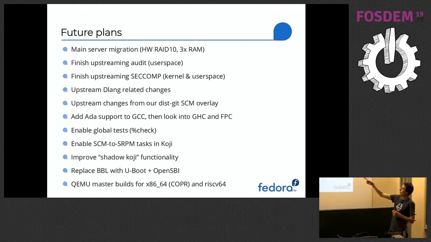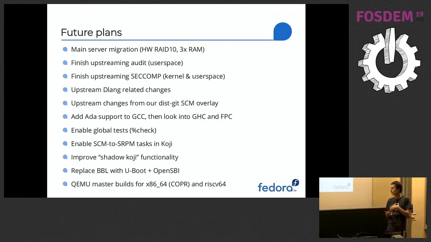And then look into the Haskell compiler and the Free Pascal, enable the tests, enable building from Git source packages, improving the shadow Koji functionality, dumping BBL and going with OpenSBI and U-Boot, maybe XT Linux. And also, Alistair recently joined the Fedora RISC-V channel, and he asked to do more testing for QEMU.